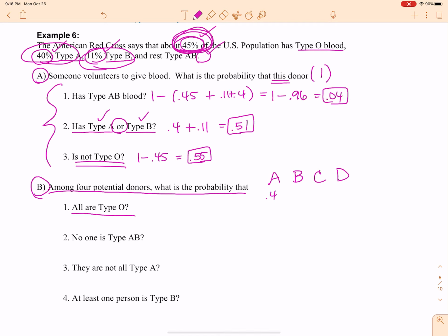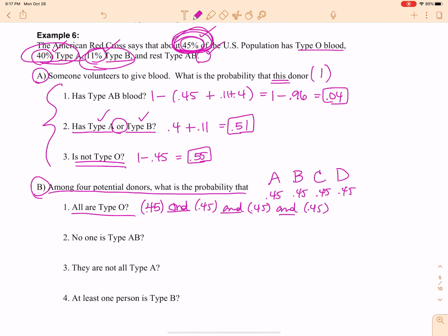You have to take into consideration each of them being type O. So what does that look like mathematically? Think of it this way: the probability that the first person is type O is 0.45, and the second person is 0.45, and the next person is 0.45, and the next person is 0.45.